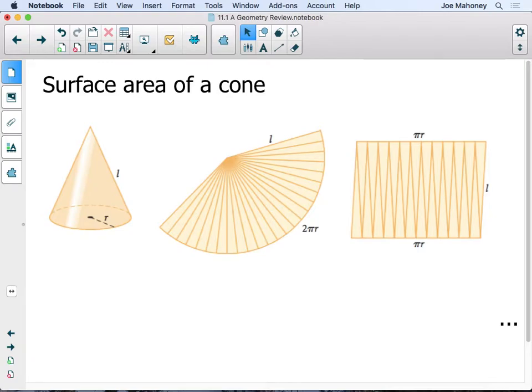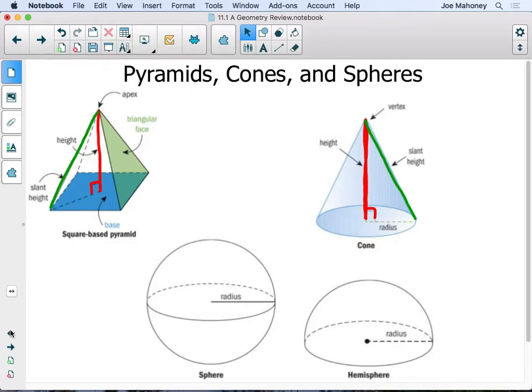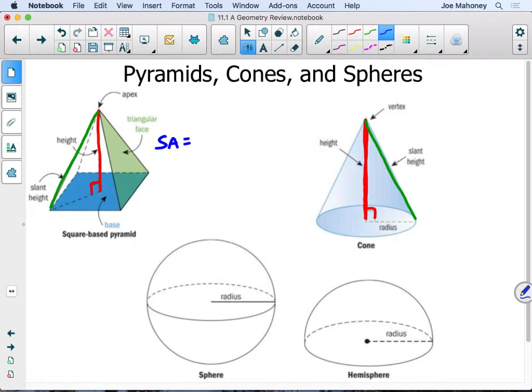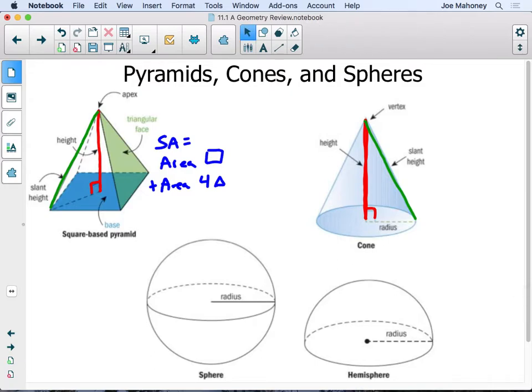I'm going to go back one page for a moment and take a look at this pyramid. In the pyramid here on the left, the surface area we want to find is the area of a square base plus the area of 4 triangle faces. We want to find the area of all the sides of it and add them up.